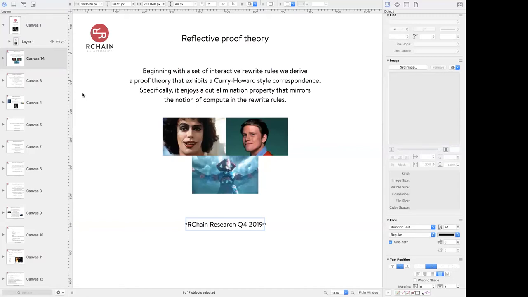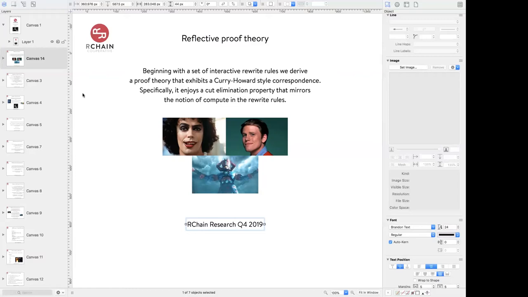And that cut elimination property is so closely tied, so perfectly aligned with the rewrite rules, that cut elimination exactly mirrors the rewrite rules. And so in this way, we're going to get a Curry-Howard correspondence.